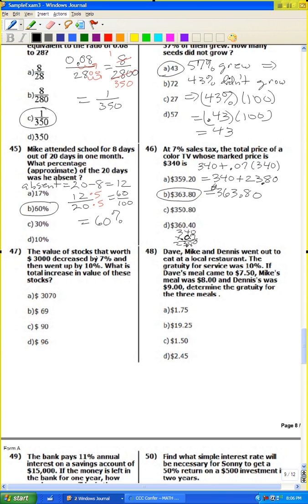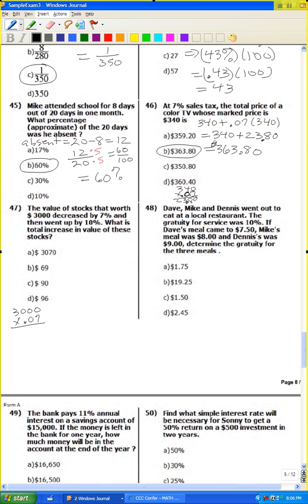The value of stocks that are worth $3,000 decreased by 7%. And so you had, let's figure out what 7% of 3,000 is. And so let's multiply that out. So I get 0, 0, 0, 21, and I move 2 places.